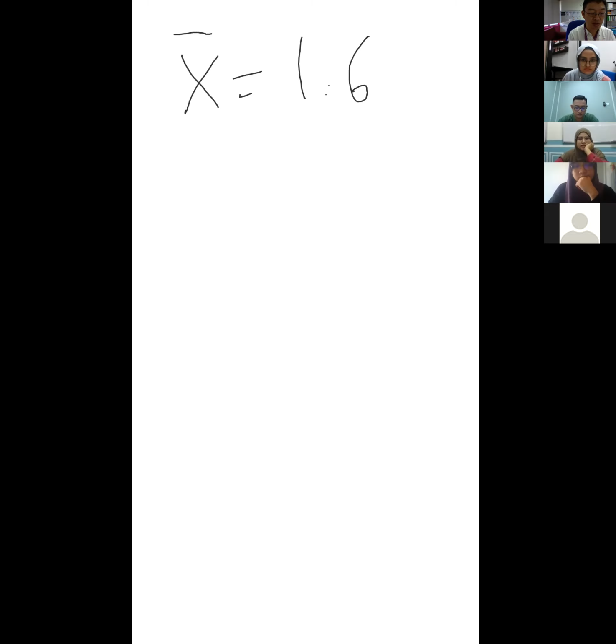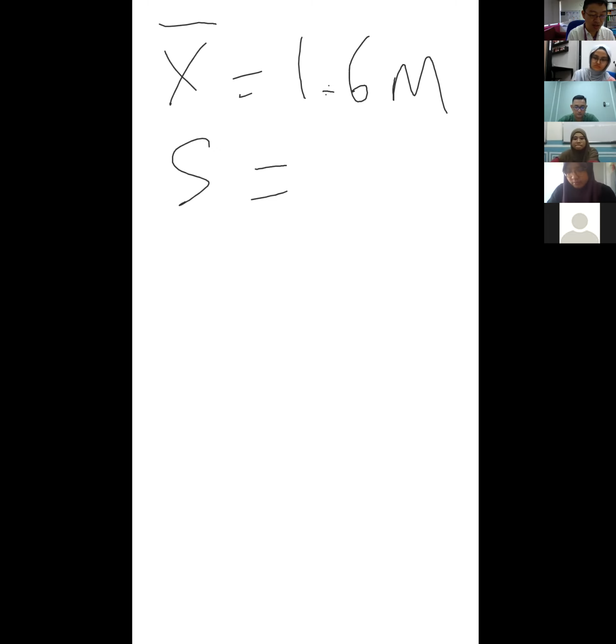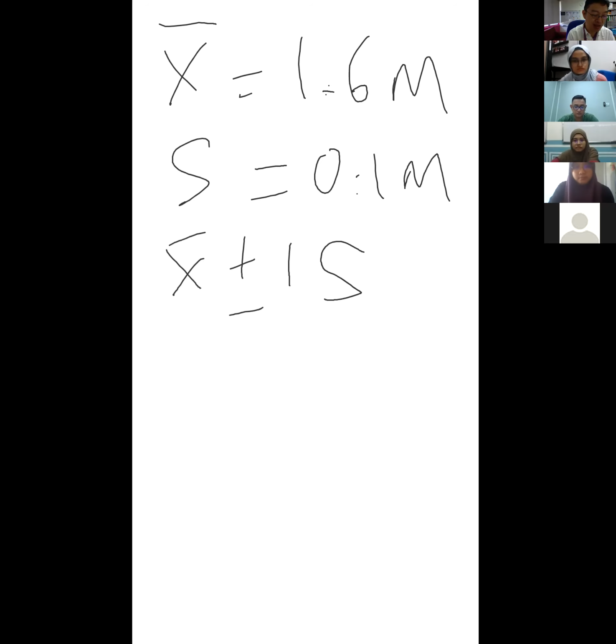Average 1.6 meter. And we found that the standard deviation, or the S here, is 0.1 meter. So when we have X bar plus minus 1 standard deviation, it means you have a range between 1.5 to 1.7, right?